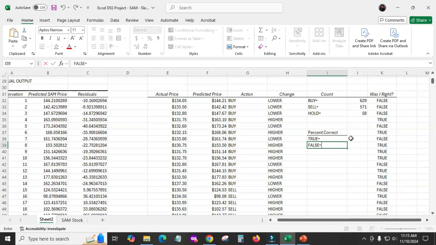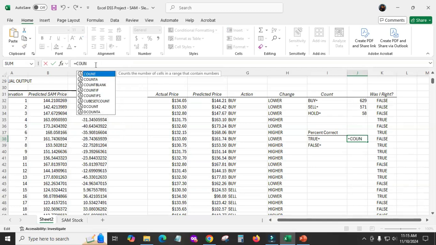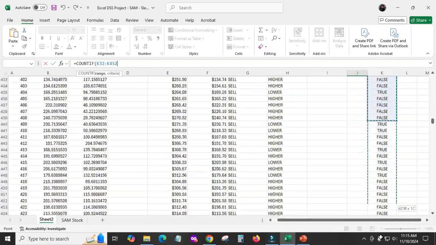All right, and then over here, we are going to do a COUNTIF statement. We're going to count the number of trues in this column, and we're going to count the number of falses in this column. This should be pretty easy because we've done it enough times. So in cell J38, I'm going to type equals COUNTIF, and I'm going to select everything in here.